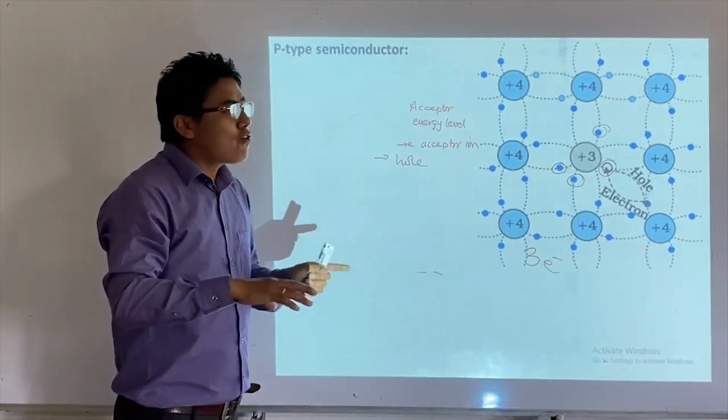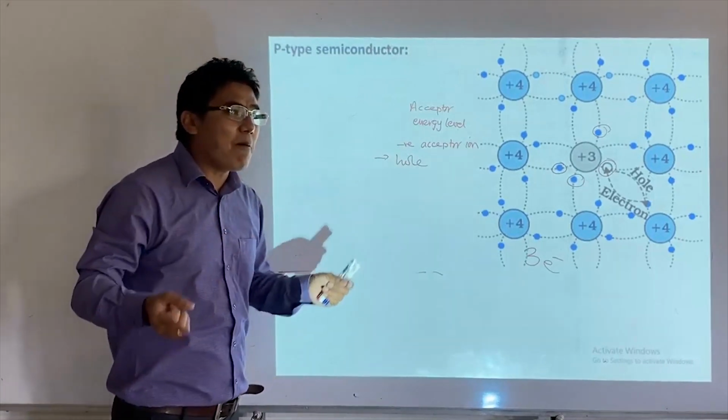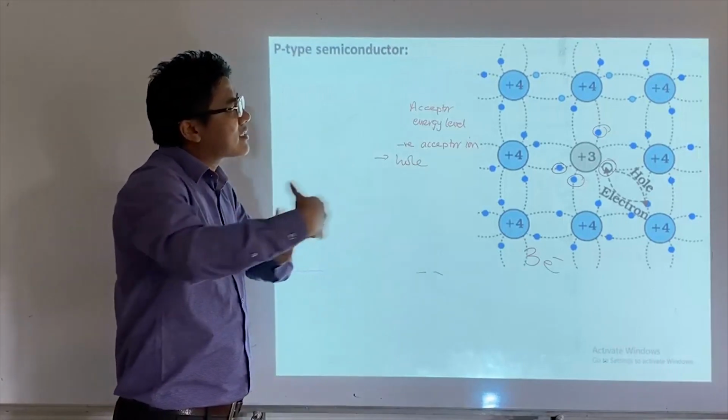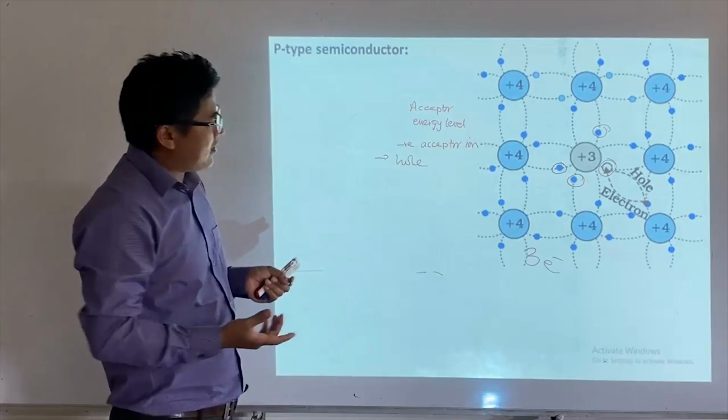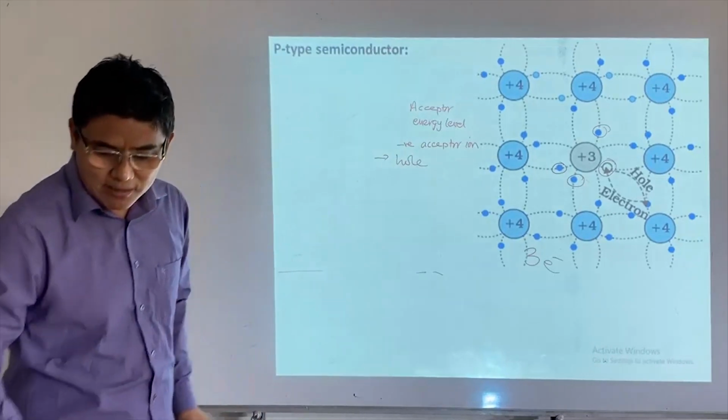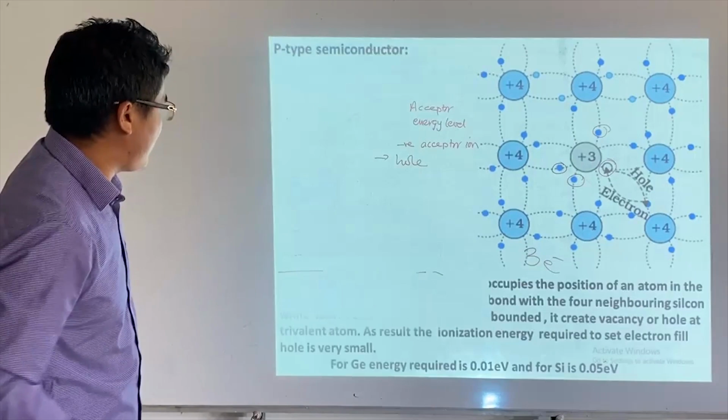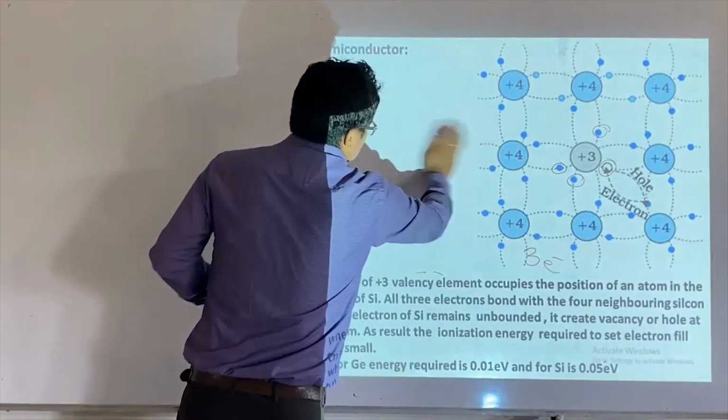Any electron from the valence band can jump and occupy this, and there is a transfer of electron and a transfer of hole taking place in the valence band. So things are taking place in the valence band.